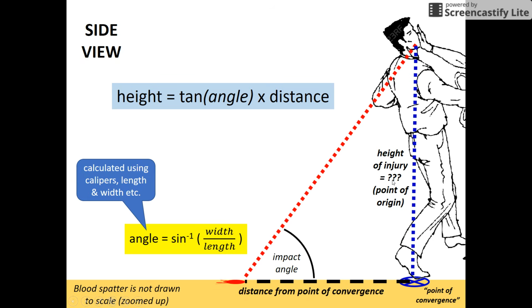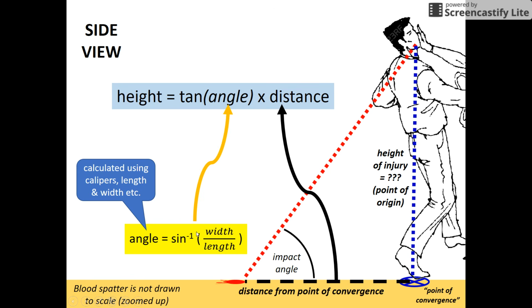Okay, it turns out we can just write a formula like this. This height right here is equal to the tangent of this impact angle, which you already figured out by measuring the blood drop, times the distance, which you can figure out by finding the point of convergence and measuring from the blood drops to the point of convergence.